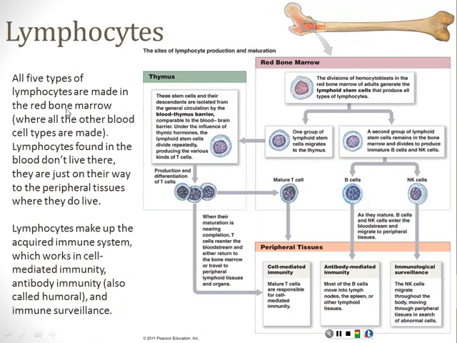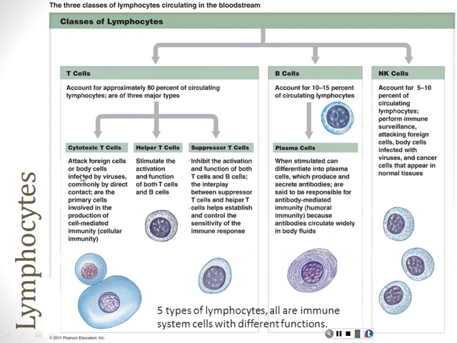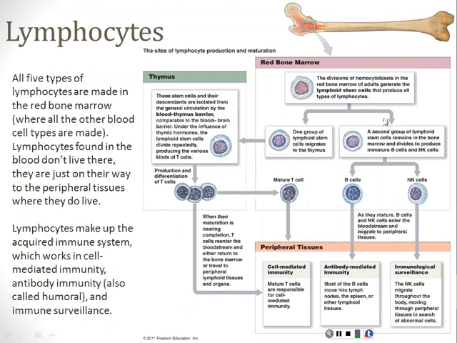So a little history. We have 5 types of lymphocytes, right? Cytotoxic T, helper T, suppressor T, plasma cells, which used to be B cells, and NK cells. All 5 of those are made in the bone marrow, right alongside red blood cells and the other white blood cells.